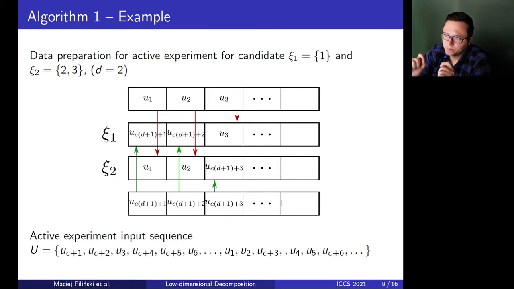And for Xi2 we take the first and second inputs from the first half, and the third one from the second half. And the last step is to merge these two sequences into one input sequence for the active experiment.